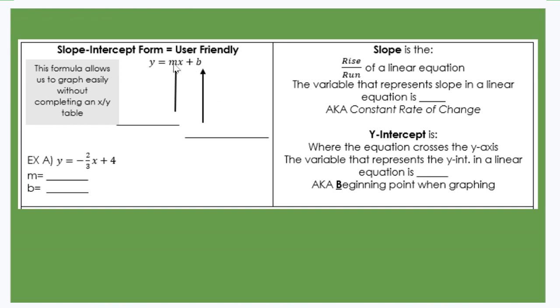So let's start with the m. Notice that it is directly in front of x, which means m is being multiplied by x. It's also known as the coefficient of x. But most importantly, we call m the slope.